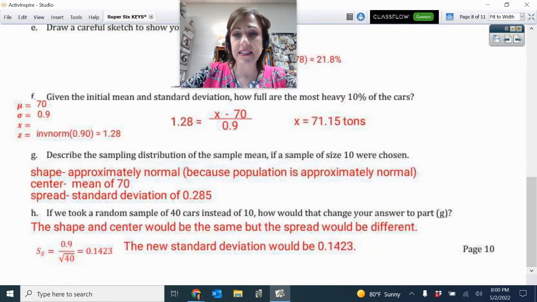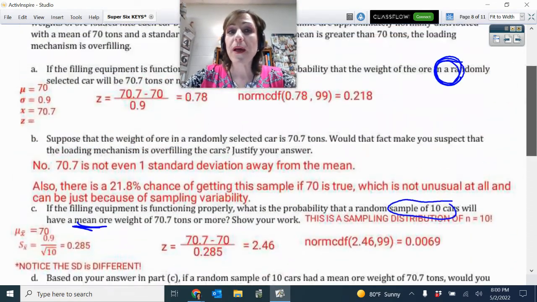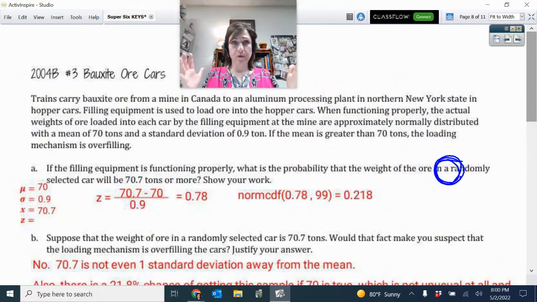And even at the end, it talks about having a sample of 40 that has a sample mean of something.